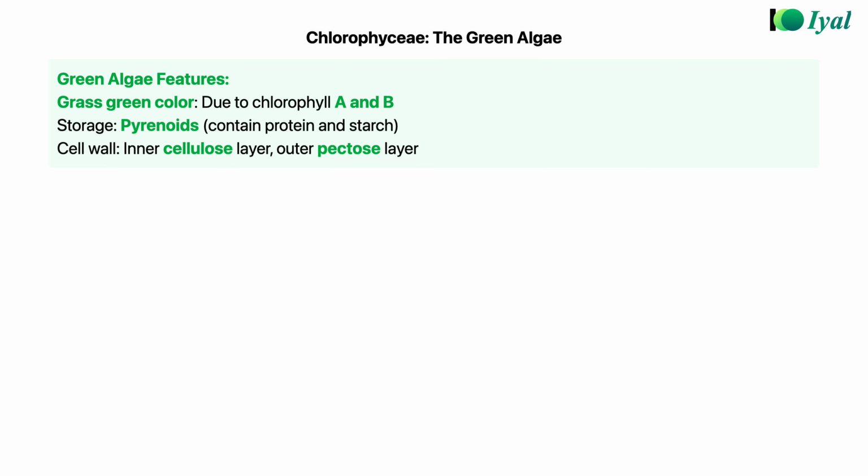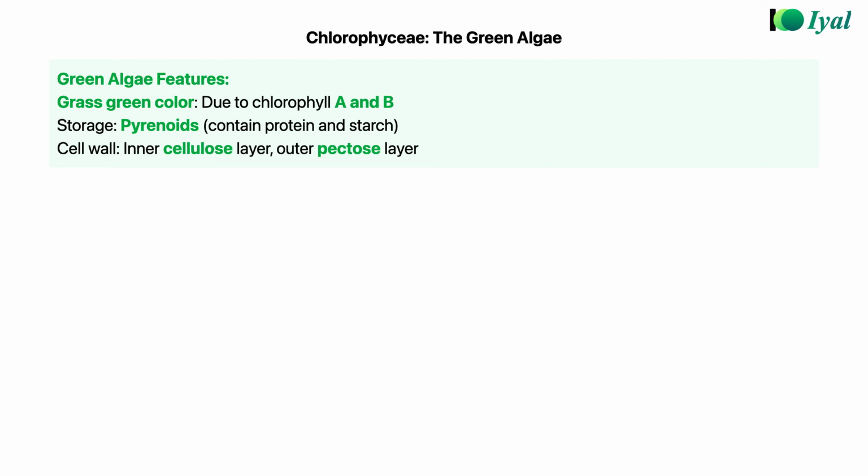So green algae, they're called that because they're usually grass green, and that's due to the dominance of chlorophyll a and b pigments. These pigments are located in definite chloroplasts. Most green algae have these storage bodies called pyrenoids inside their chloroplasts. These pyrenoids contain protein and starch. Their cell wall structure is interesting too.